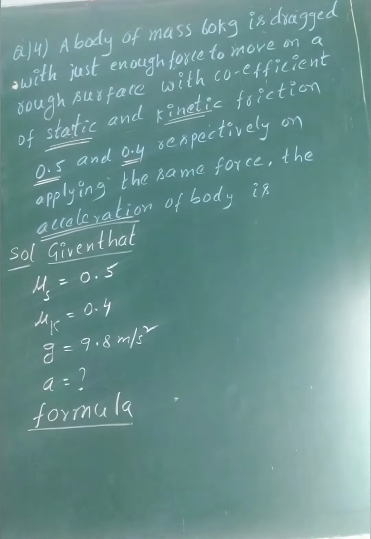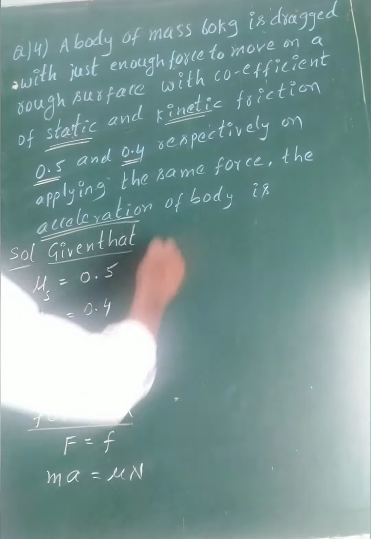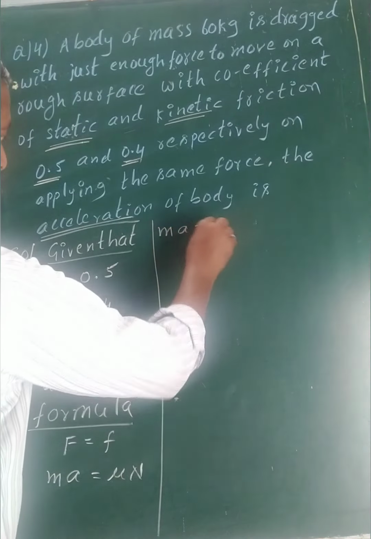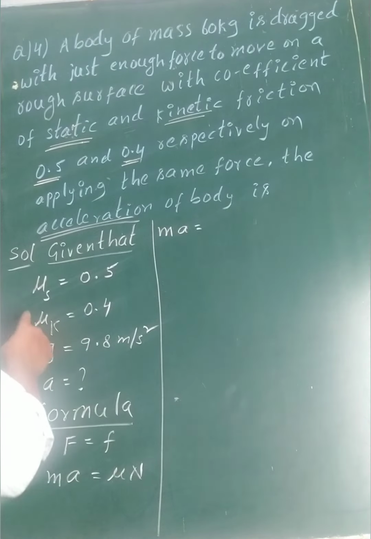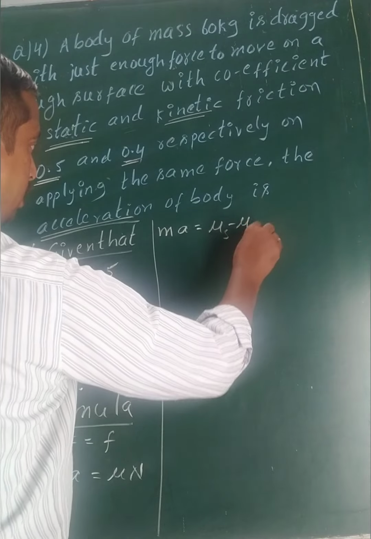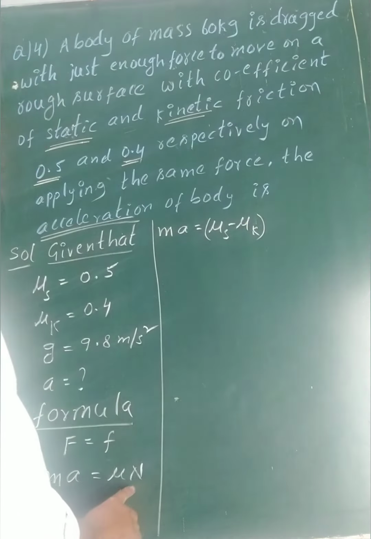We can write: applied force is equivalent to frictional force. Mass times acceleration is equivalent to the frictional force, formula mu into N. Mass and acceleration, where mu is the difference of the static and kinetic coefficients, into normal.